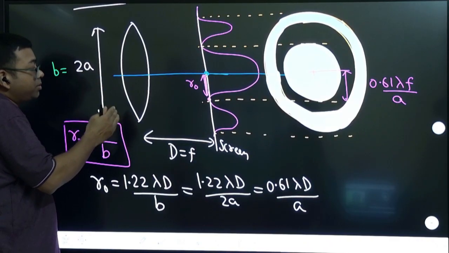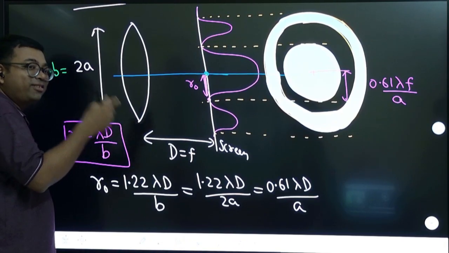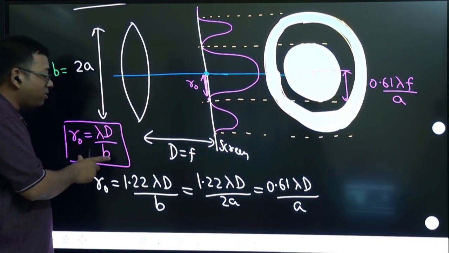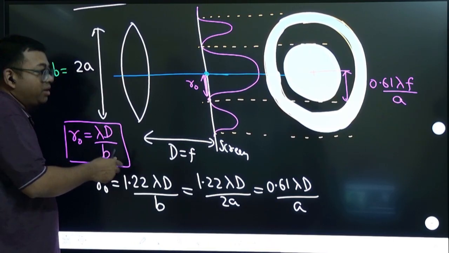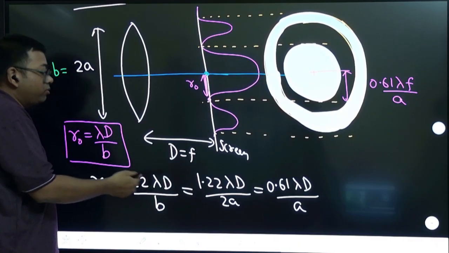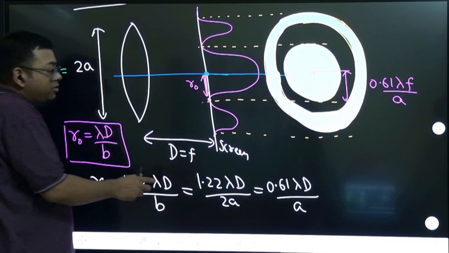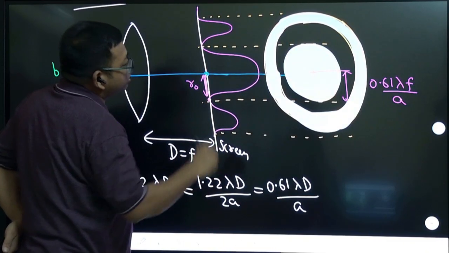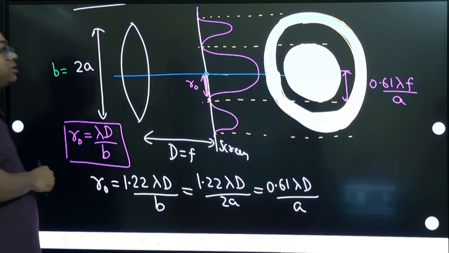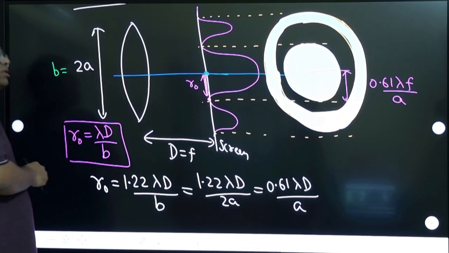This is not exactly a slit, because we derived that formula for a slit, but for the shape of this lens a factor of 1.22 comes, as given in NCERT. So according to that we can calculate the radius. It comes like this, 0.61 lambda f by a, where a is the aperture radius of this lens.